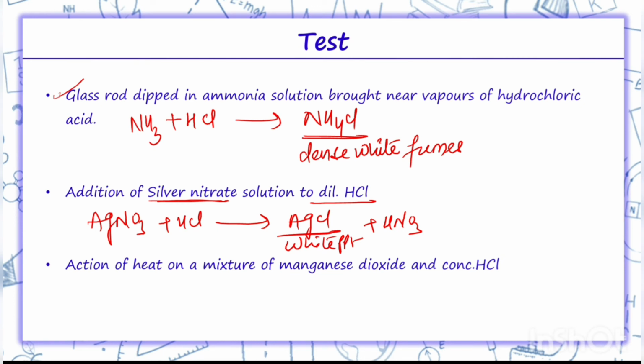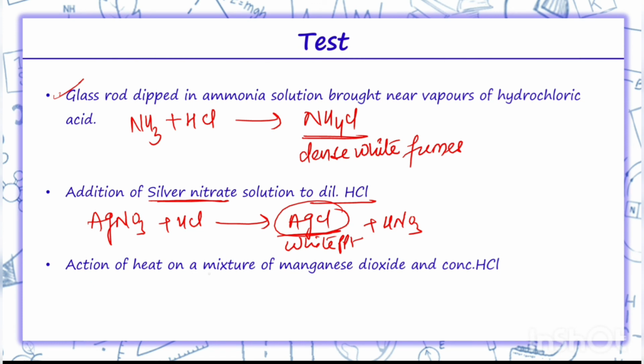The white precipitate of silver chloride is soluble in excess of ammonium hydroxide; this AgCl is soluble in NH4OH and insoluble in HNO3. When it reacts with NH4OH, it forms diamine silver chloride. In addition to the above test, blue litmus turns red because HCl is there.